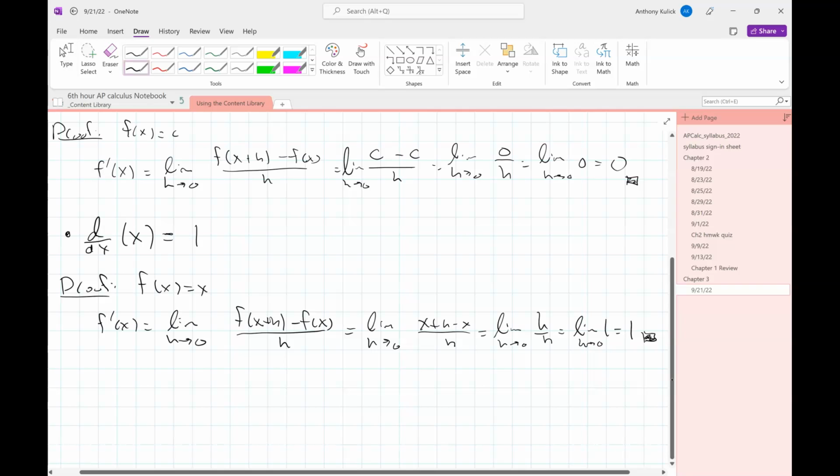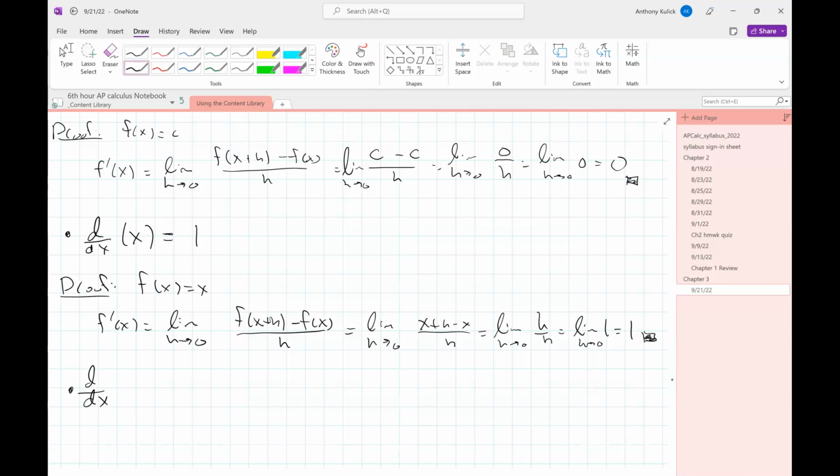So those guys are pretty narrow, right? Those have limited usefulness. The one that you guys have been waiting for is this one. This is your power property for a derivative.